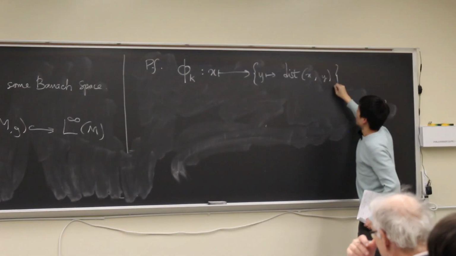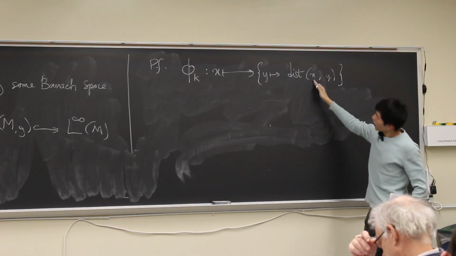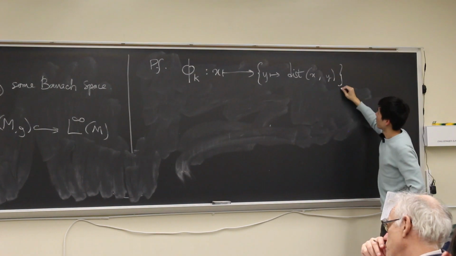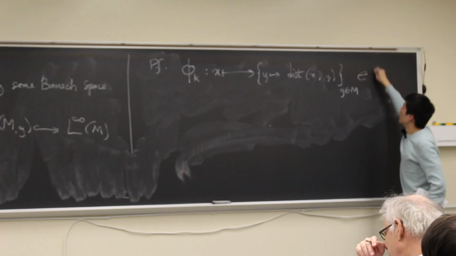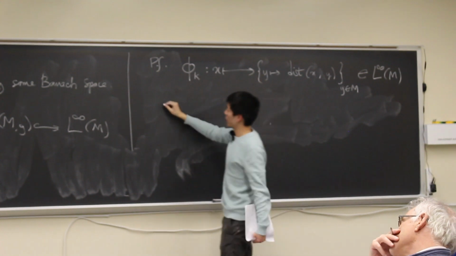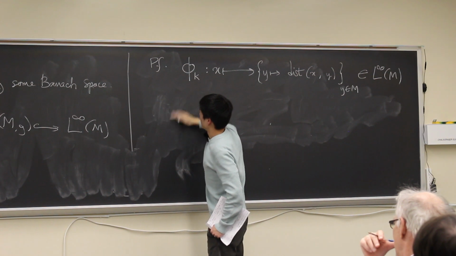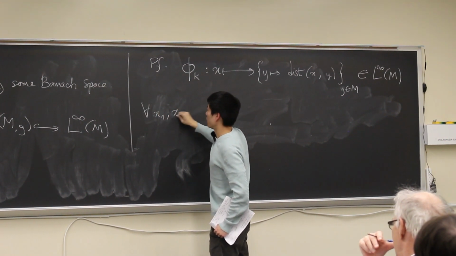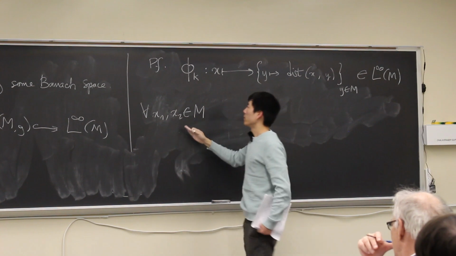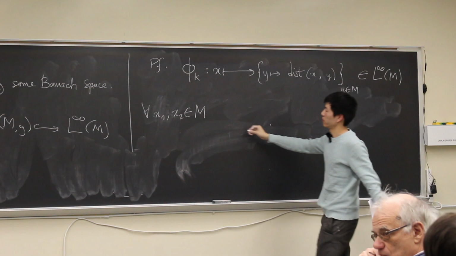Okay, so this is a function of y for any fixed x, where y is in M. And this is, as you can check, a bounded function on M. And let's check that this is an isometry. For any 2 points in M, you're going to get 2 functions, and you want to know the supremum norm of the difference. So let's go.